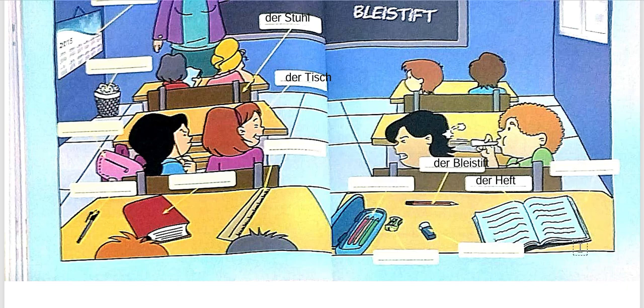The line is not really visible. Is it the table? I guess. Then we have, they're pointing towards the eraser, so that would be the Radiergummi. Oh, spelling is incorrect.